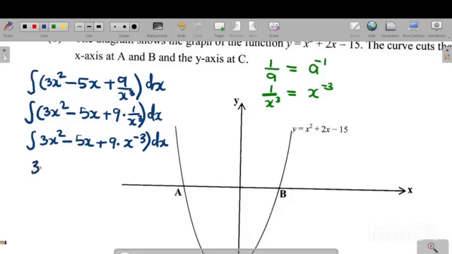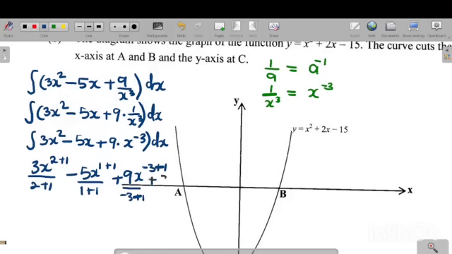So we're going to have 3x to the power 2 plus 1 over 2 plus 1, then minus 5x to the power 1 plus 1, because this x is being raised to the power 1, over 1 plus 1, then plus 9 times x to the power negative 3 plus 1 over negative 3 plus 1, then plus c.